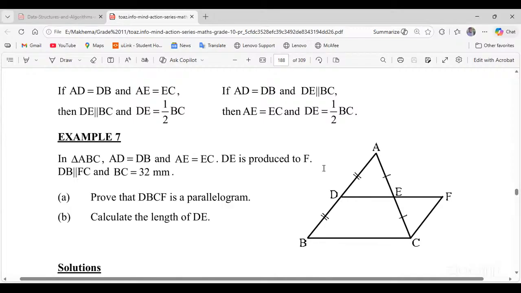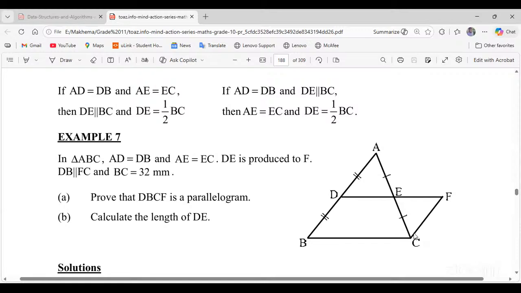Given this triangle ABC, we are also given that AD is equal to DB and AE is equal to EC.